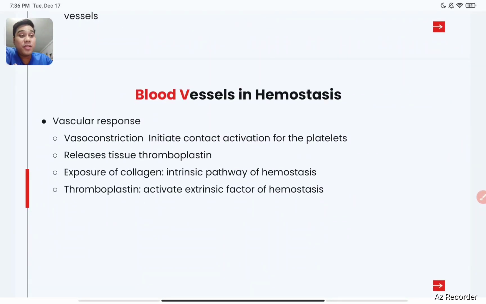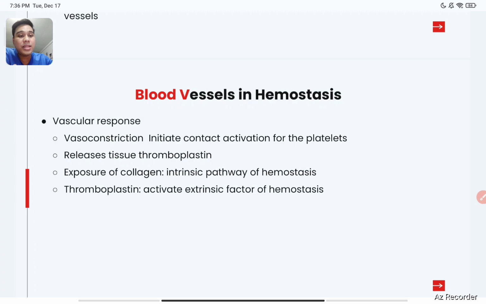So for the blood vessels in hemostasis, we have the vascular response. What is the primary vascular response of our blood vessels? Of course, it's the vasoconstriction. So vasoconstriction initiates contact activation of platelets, and it releases tissue thromboplastin. And when there is exposure to collagen, the intrinsic pathway of hemostasis is activated.